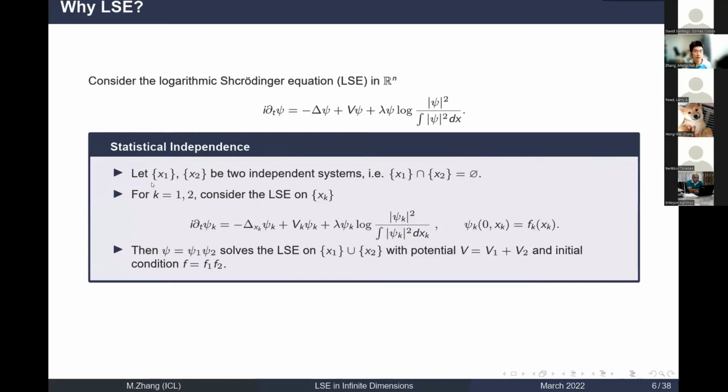For example, given any two independent systems, X1 and X2, consider the LSE on these independent systems with potential V_k and initial condition f_k. Then the product solves the LSE on the product space X1 union X2 with the composite potential and the initial condition f1 f2.